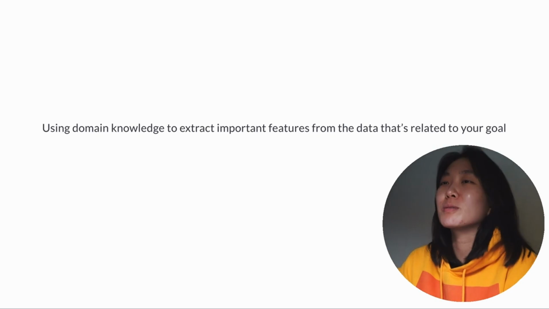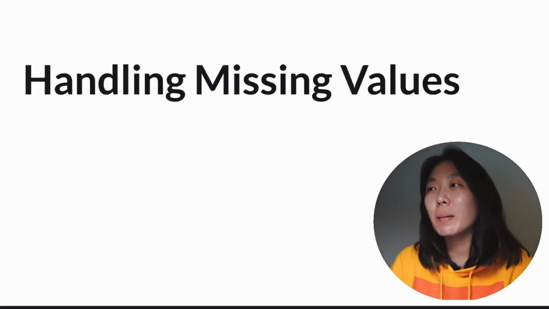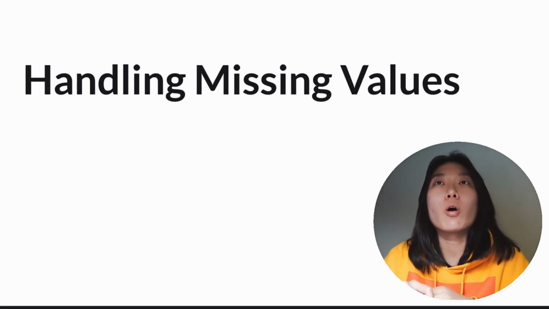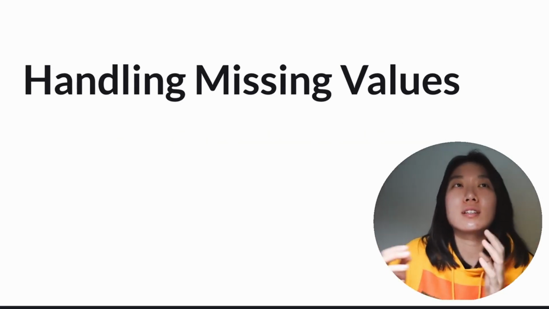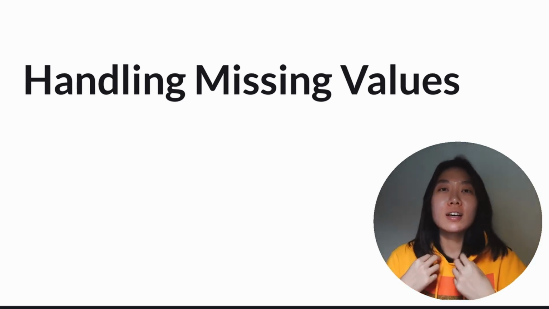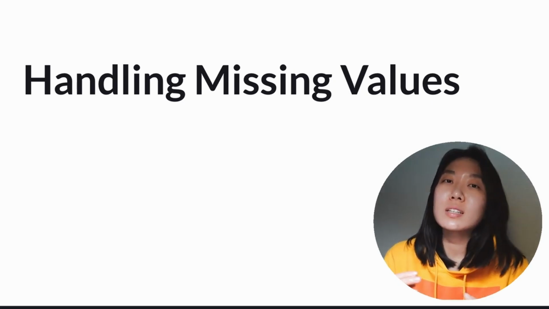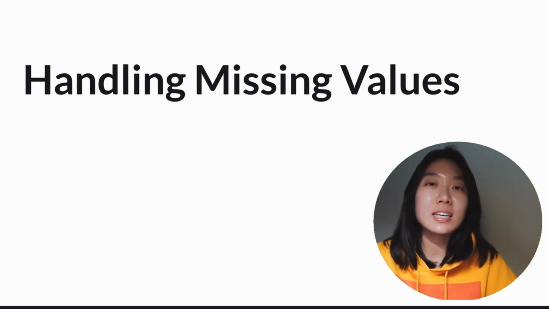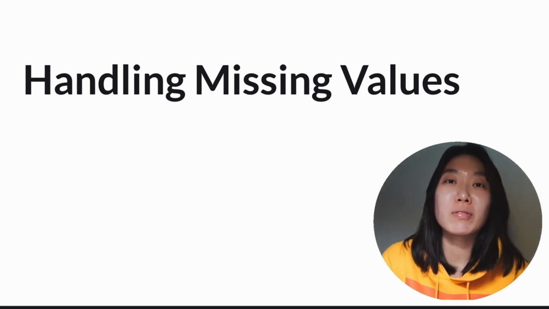So next slide: handling missing values. The first thing in the whole feature engineering process is how to handle missing values. It is a big thing because when you get a data set in the real world, it's messy and you have a lot of missing values.